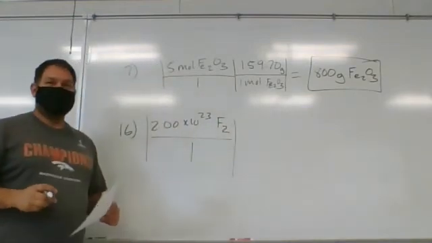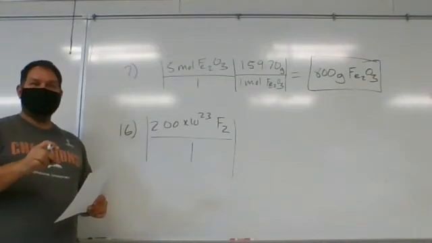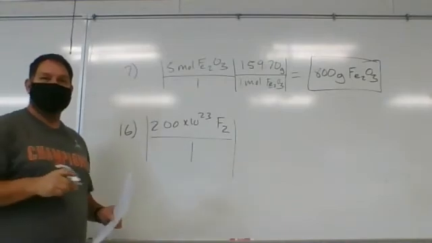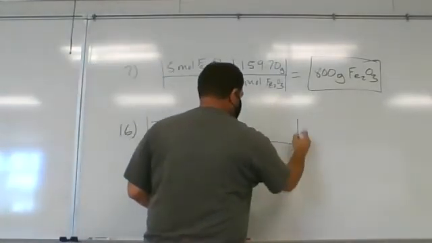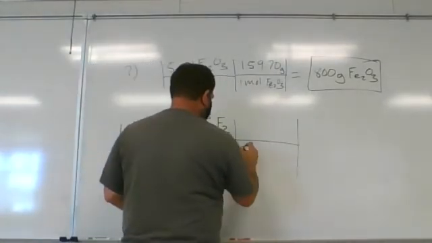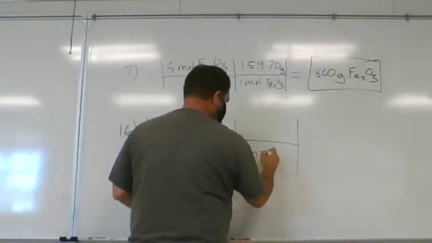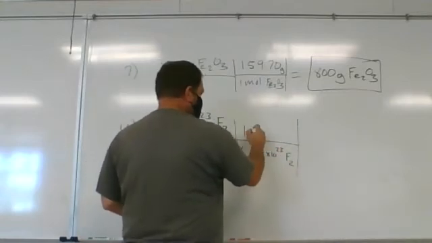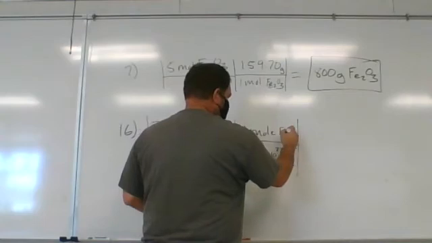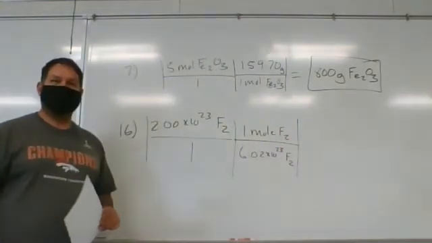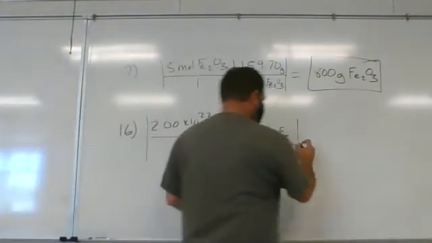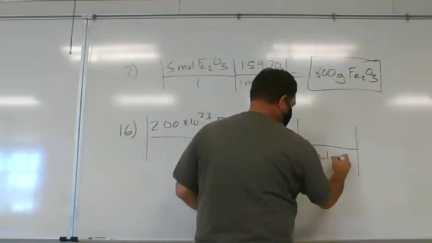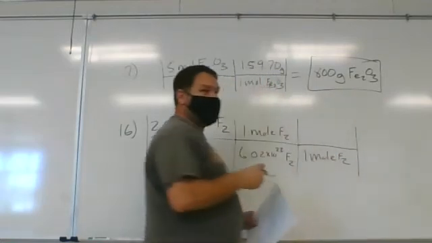So we have to go from molecules to moles, and then moles to mass. Being the fact that it's F2, we know that there are 6.02 times 10 to the 23rd molecules of F2 in 1 mole of F2. Correct? Agreed. And then we're going to go from moles of F2 to mass.